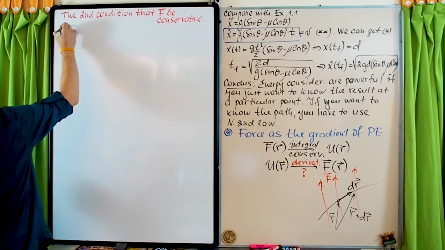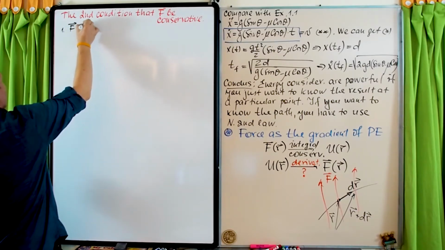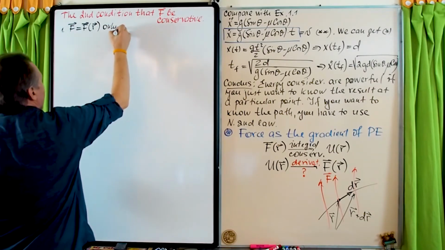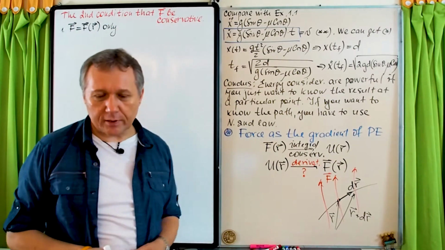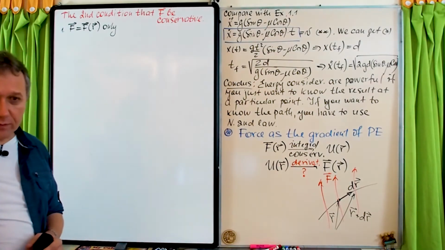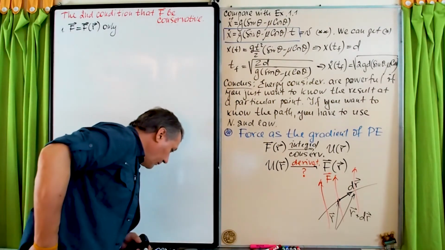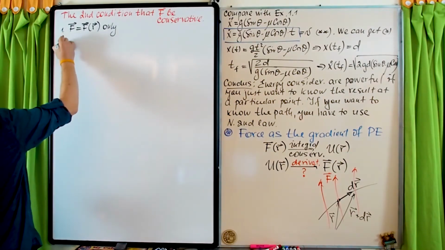So the first condition: F is a function of r only, a function of position only. No troubles with this condition, right? So it doesn't have to be readdressed. And the second condition, the troublemaker.